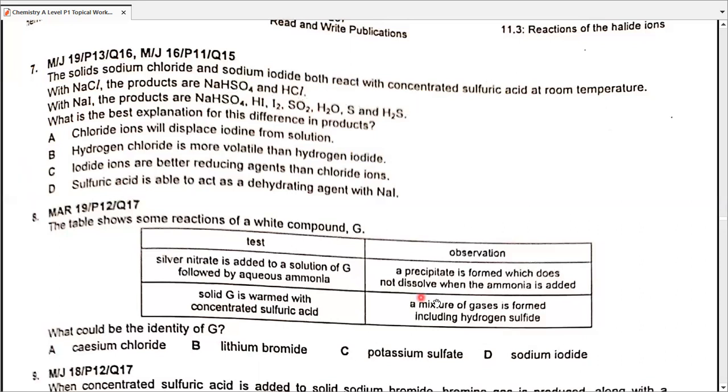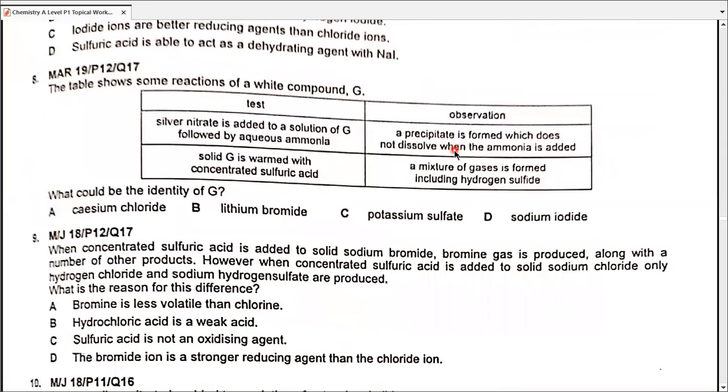So let's move on. Number 8. The table shows some reactions of a white compound G. What could be the identity of G? Sodium nitrate is added to a solution of G followed by aqueous ammonia. A precipitate is formed which does not dissolve in the ammonia. So this is iodine. Solid G is formed with concentrated sulfuric acid.